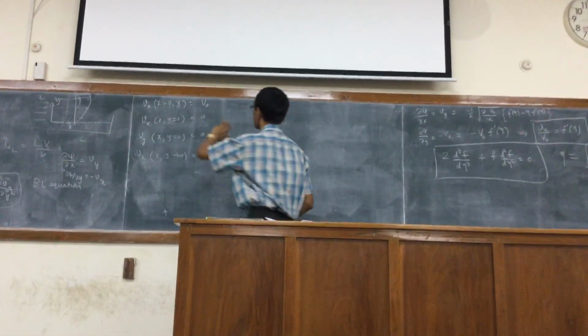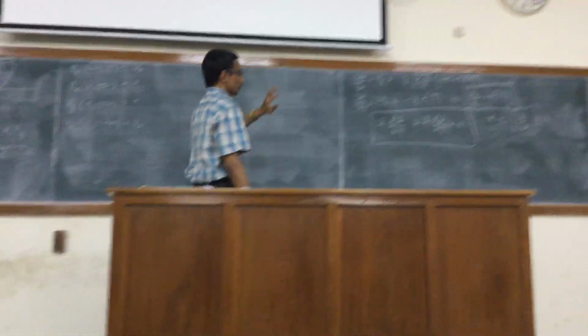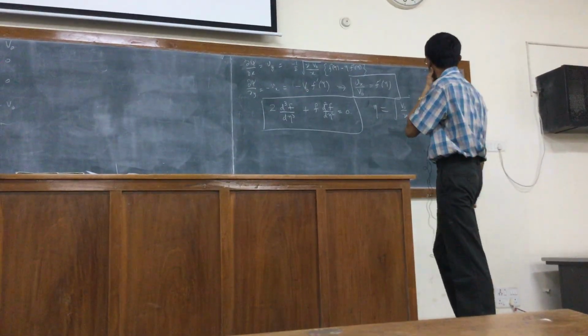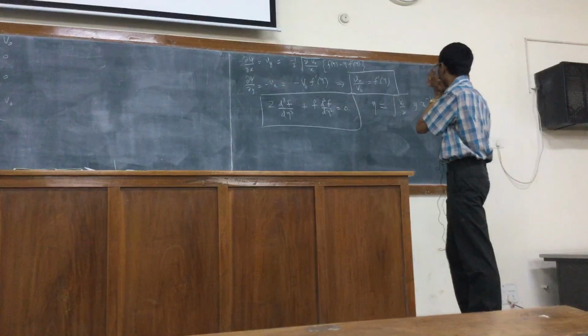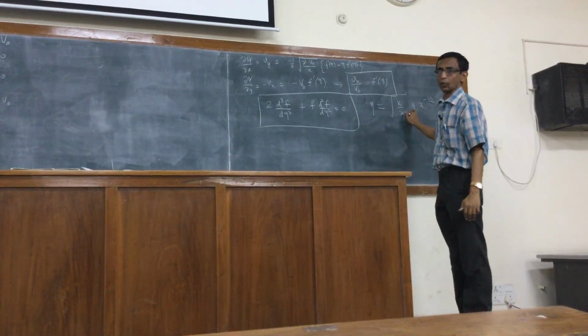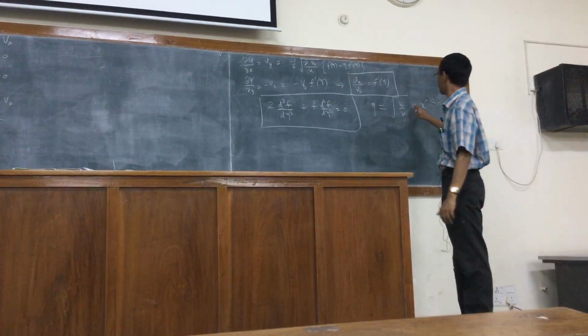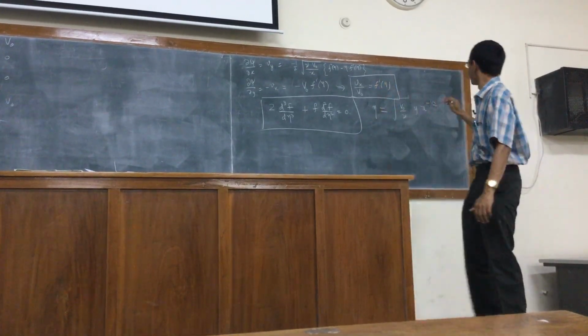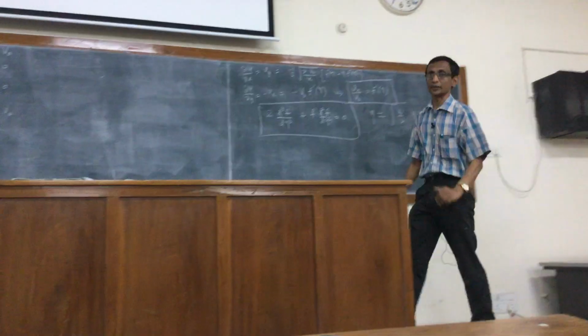So let's see how this will translate. I have to be careful when I put x equal to 0. I actually have to consider y not equal to 0, so y is a finite quantity, I will assume. When x equal to 0, clearly eta becomes infinity.